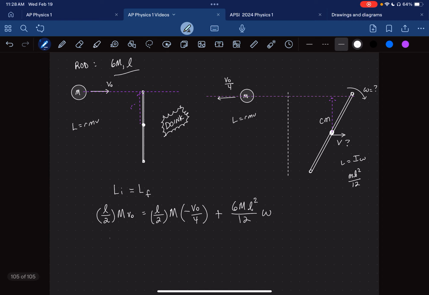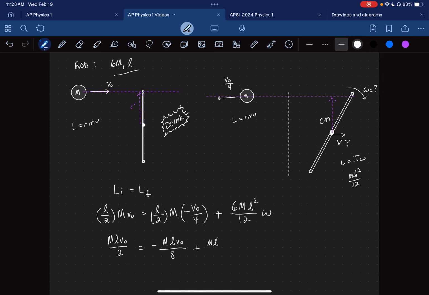So let's do this in parts here. Let's say m L v naught over 2. I'm just kind of making it look nicer. This will be negative m L v naught over 4 times 2 is 8, plus 6 over 12, that's 1/2.